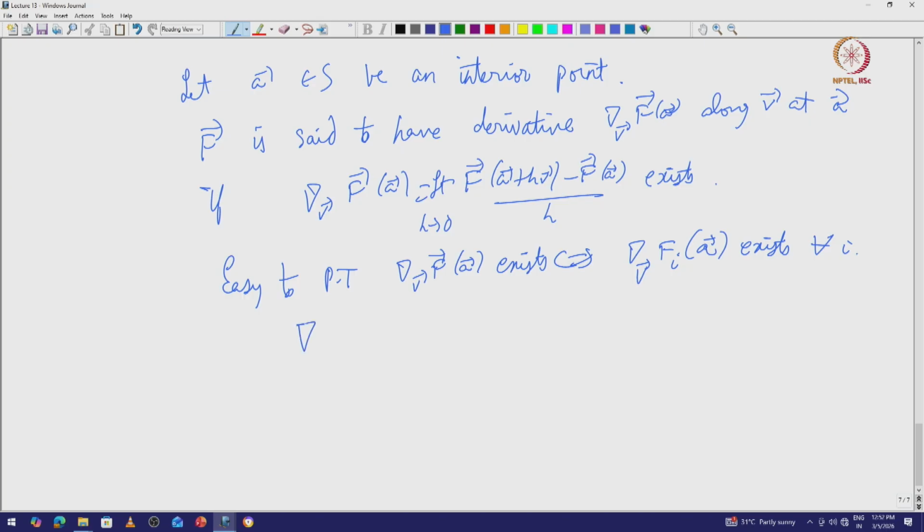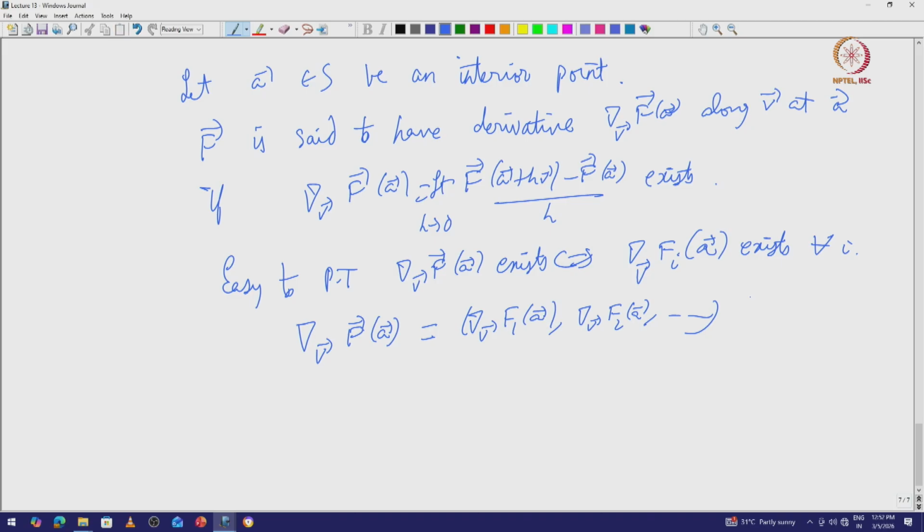So in other words, the directional derivative of f at a, right, is a collection of directional derivatives, one for each component, if you will. It's a vector this time, and so on. Okay. So in particular, we can talk about partial derivatives of each component and therefore the partial derivatives of this vector valued function. So that much is fine.